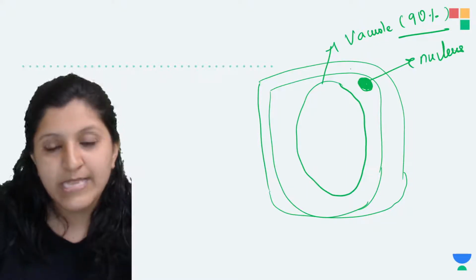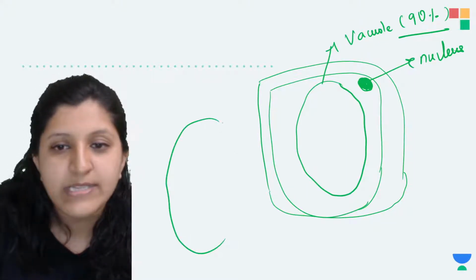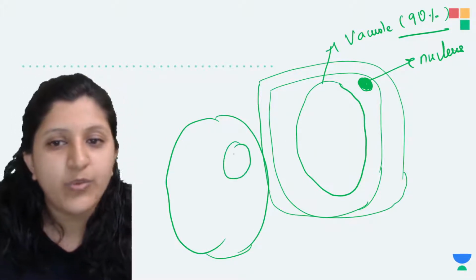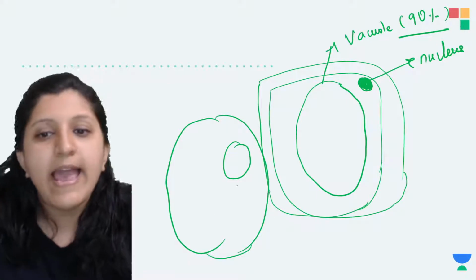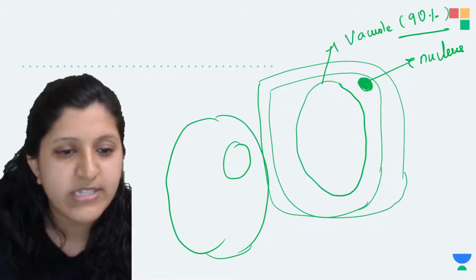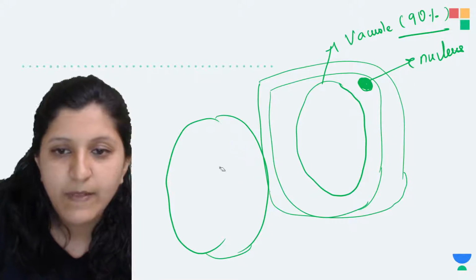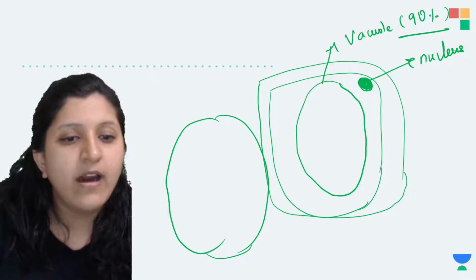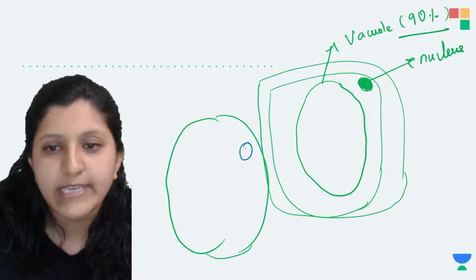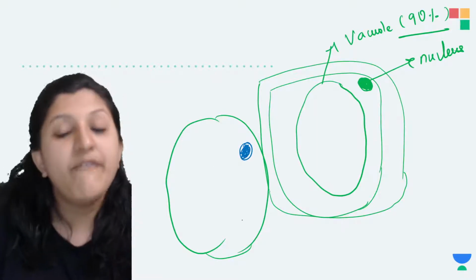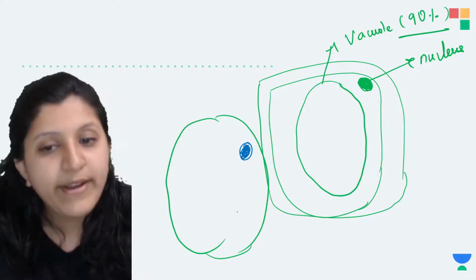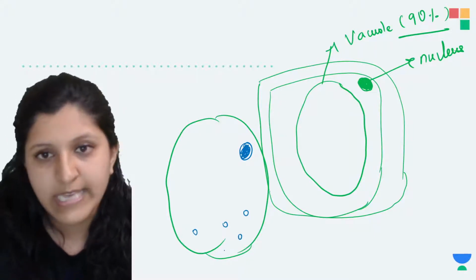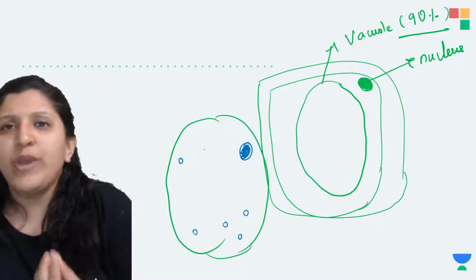What about an animal cell then? Now let's draw an animal cell. You can find a nucleus over here, not so big, and a little amount of space is taken by it. The vacuole is absent, or even if it is present, you can see smaller vacuoles, many of them, but way too small.